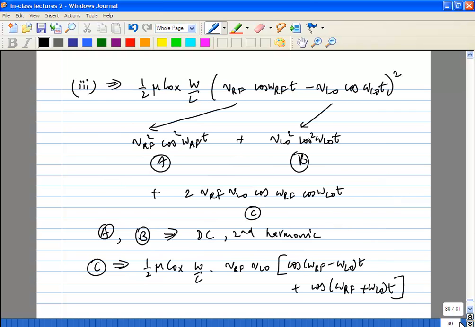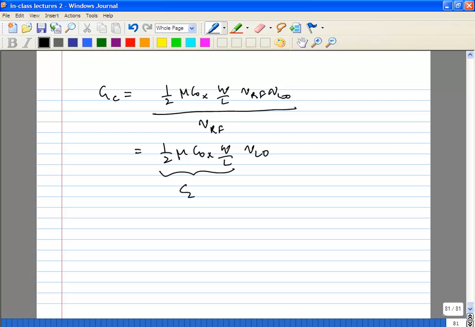What do we know about this conversion gain C2? First of all, it's independent of bias, which is very good. But it does depend on temperature through the mu. So that could be a problem.